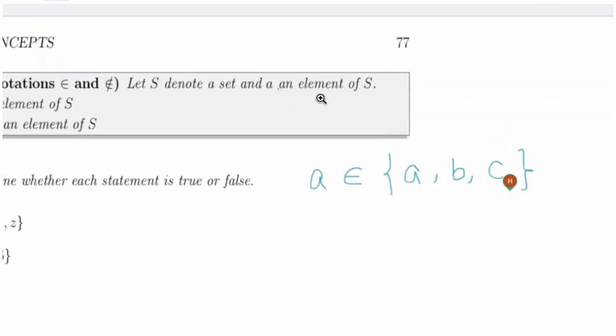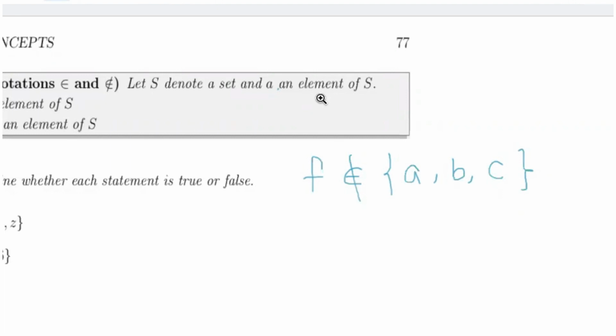Is A one of these? Yes, so this is true. Let me give you another example. Is F an element of the set A, B, C? Can you see F? No. So F is not an element.